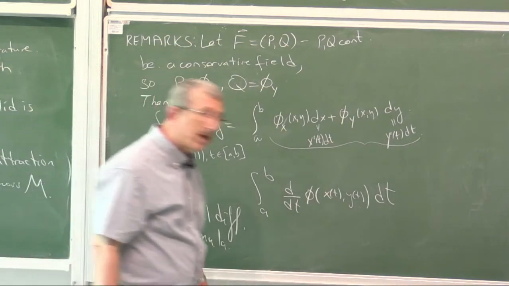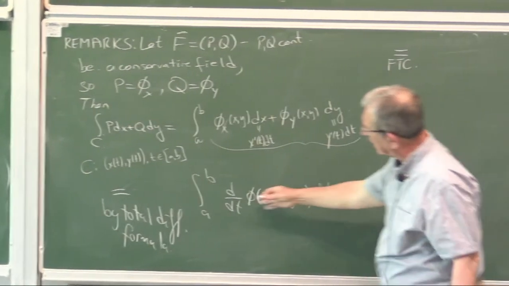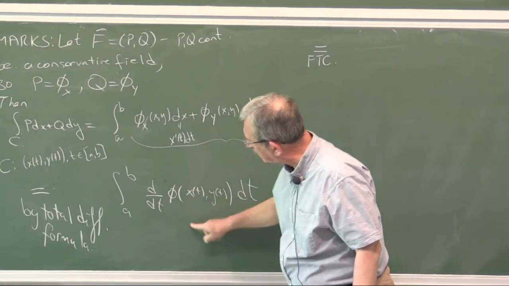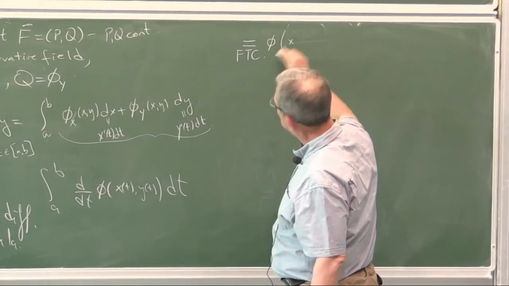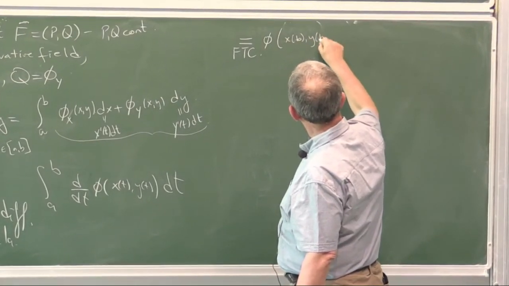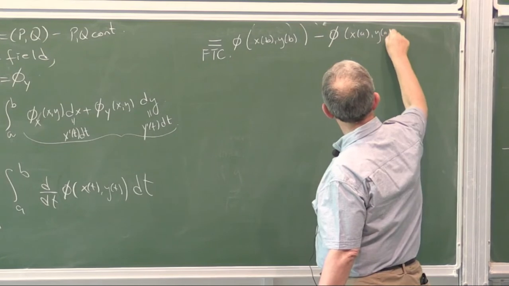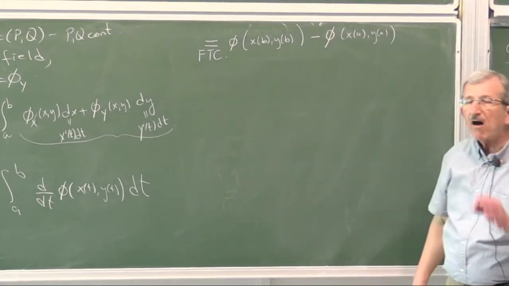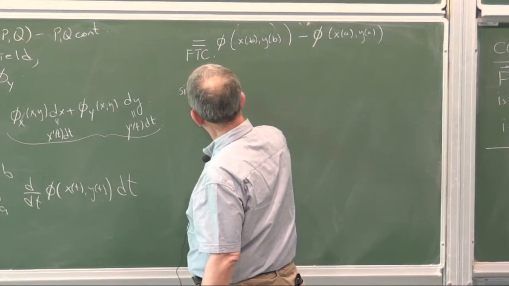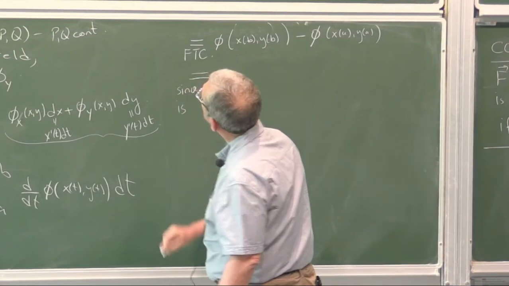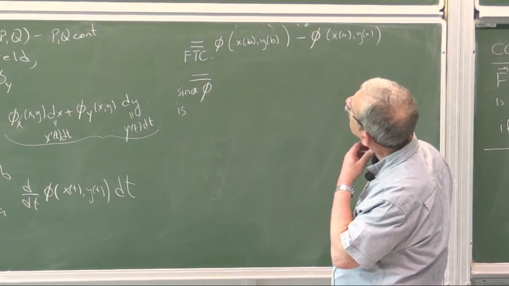Well, the fundamental theorem of calculus says that if you take the derivative of a scalar valued function and then integrate it, it's just phi of x of b, y of b, minus phi of x of a, y of a. Well, recall that phi was the potential function. I don't remember if I named it. Probably not.